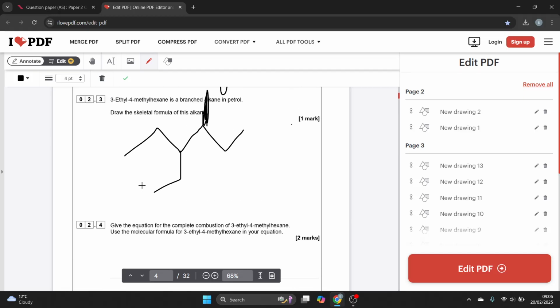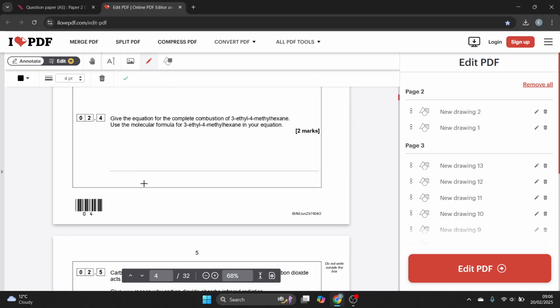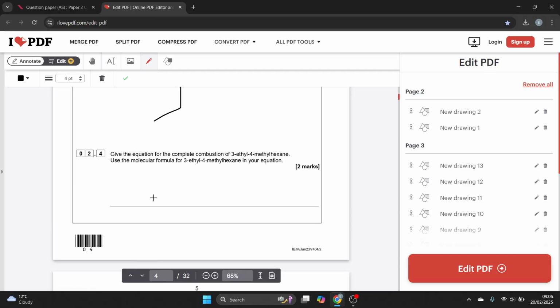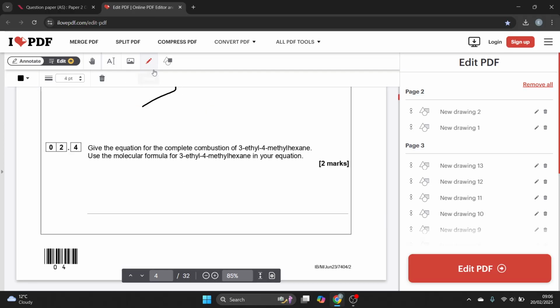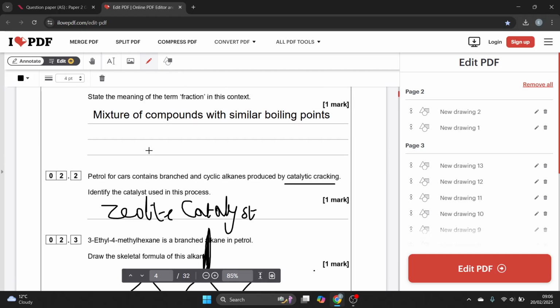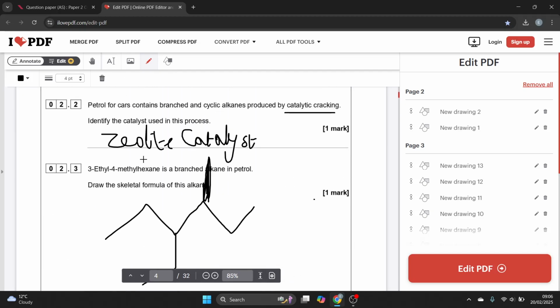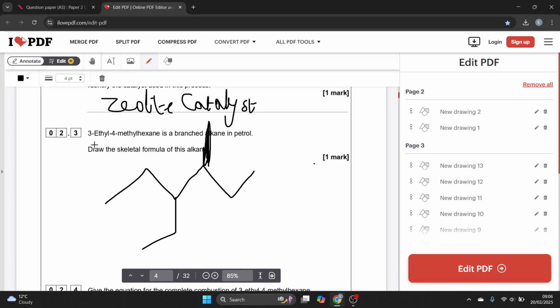Give an equation for the complete combustion of 3-ethyl 4-methyl hexane using molecular formula in your equation. So first things first, I need to find out the molecular formula of 3-ethyl 4-methyl hexane, which it doesn't tell me. But ethyl group, right? CH2CH3, and methyl group CH3, and then hexane C6H12.